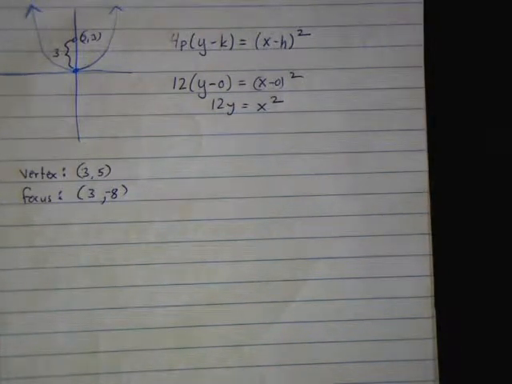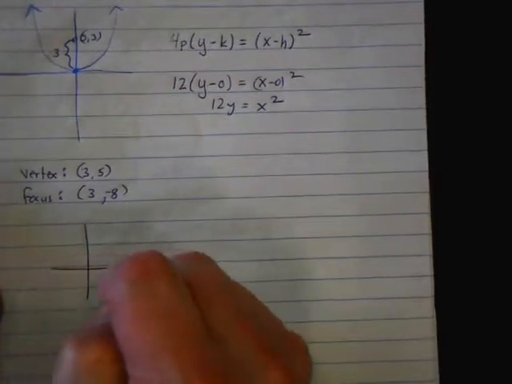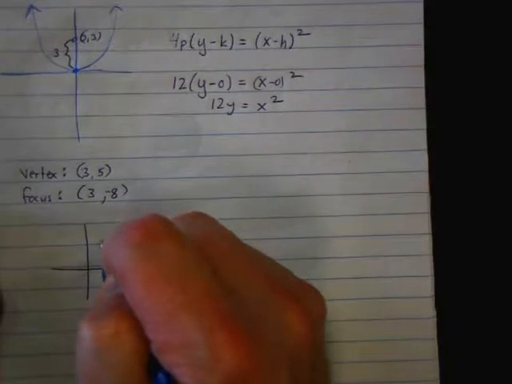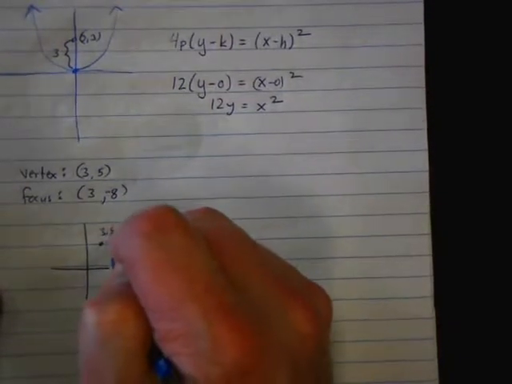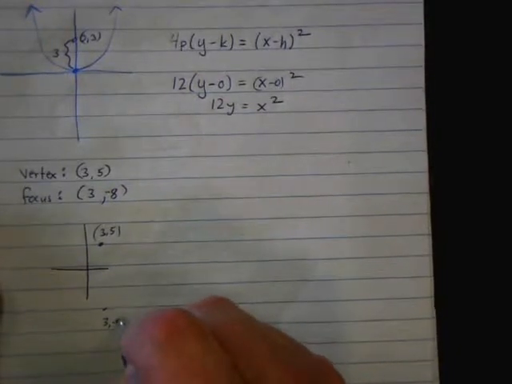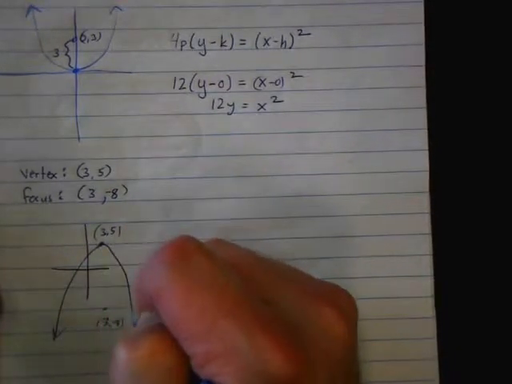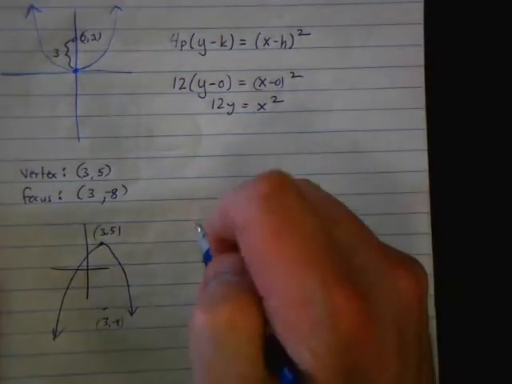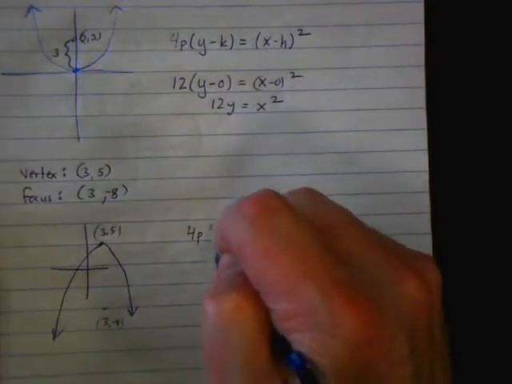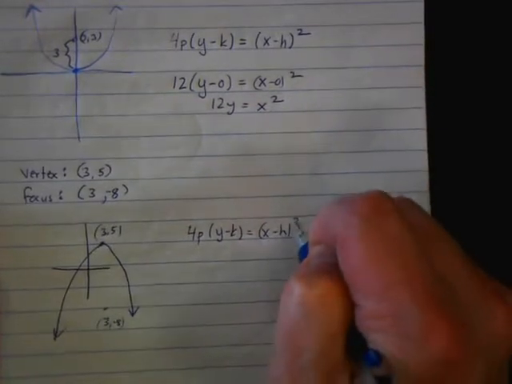Up, down, left, right? Down. Because we have 3, 5 right here, say, and then 3, -8 is our focus, so this one goes down. So we still know we have 4p(y - k) = (x - h)^2.